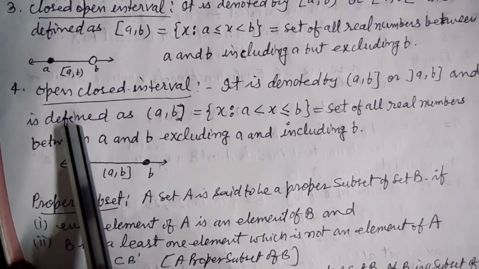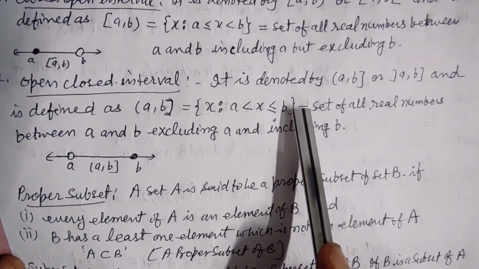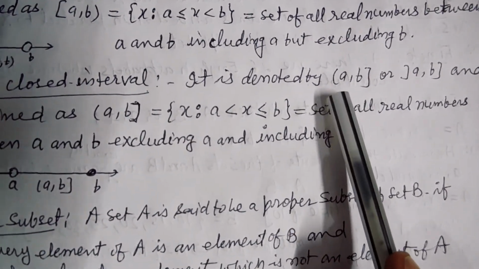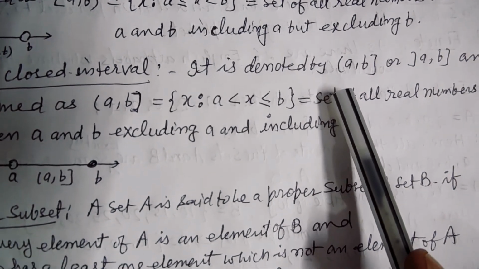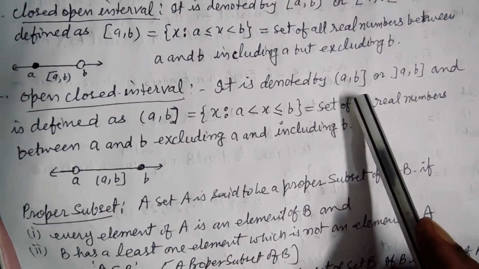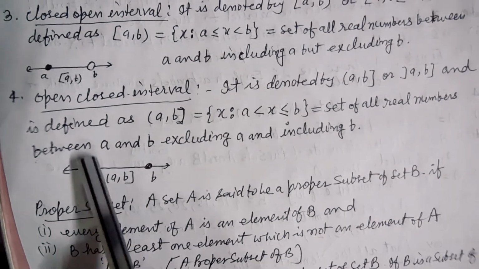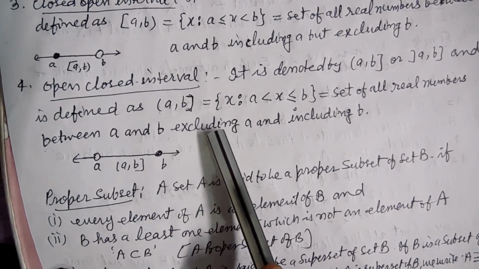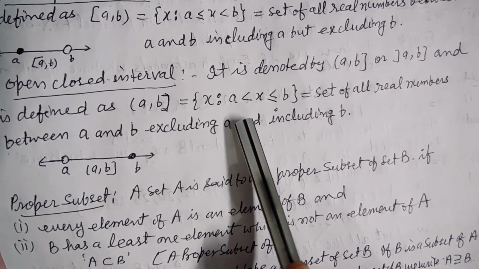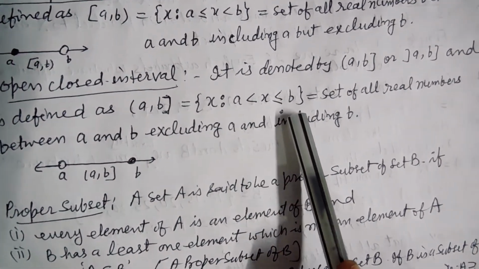Fourth, open closed interval. It is denoted by (a, b], beginning with a small bracket and closed by a square bracket, and is defined as (a, b] = {x such that x is greater than a and less than or equal to b}.